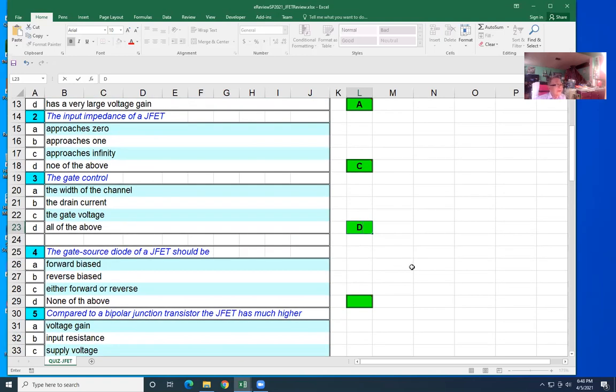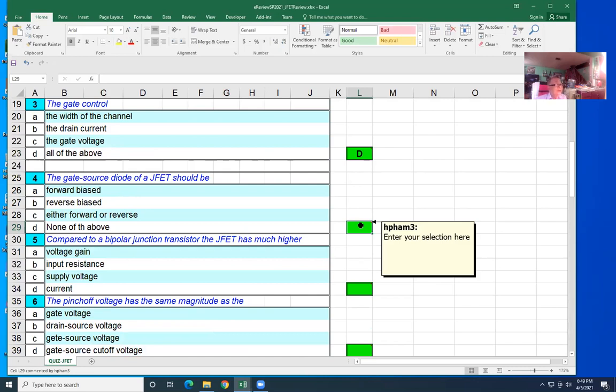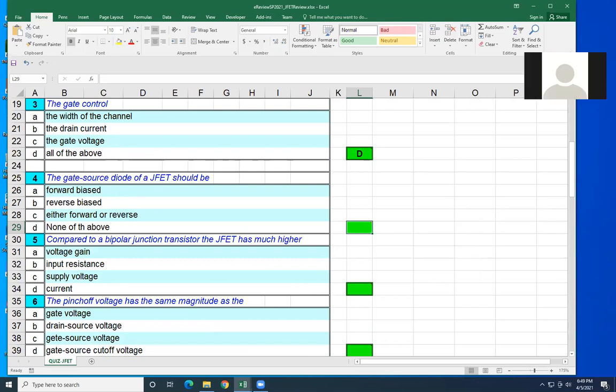Number 4, the gate source diode of a JFET should be forward, reverse, either, or none of the above. B, it will be reverse biased.